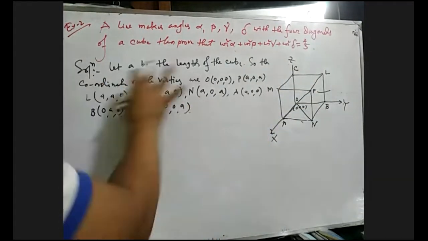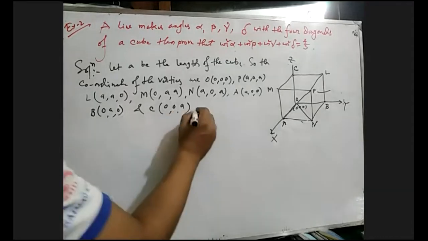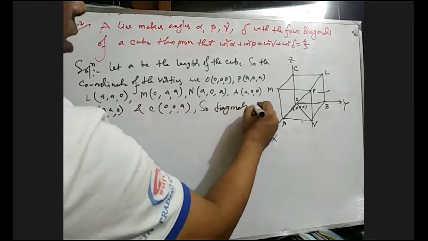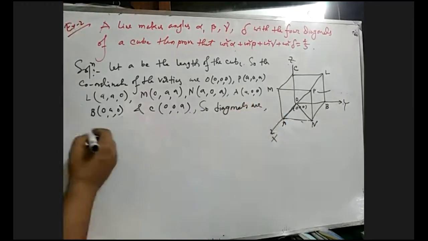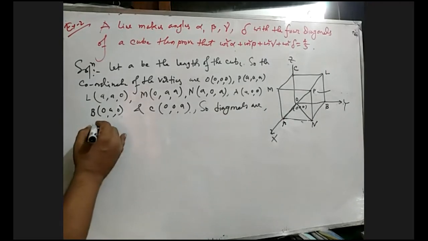So how many points here? 8 points. Here the diagonals are which ones?